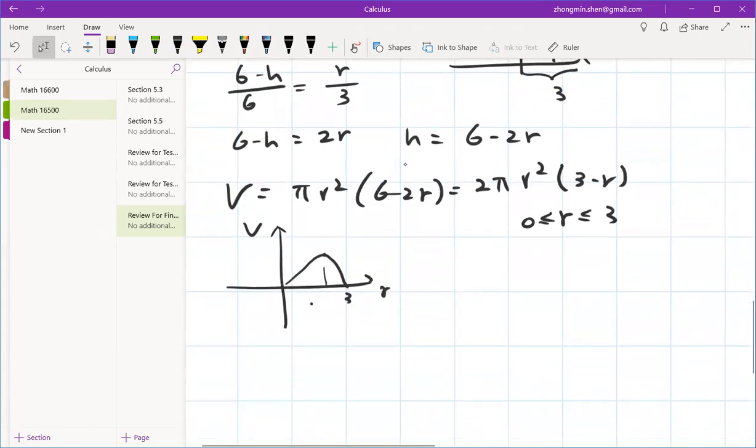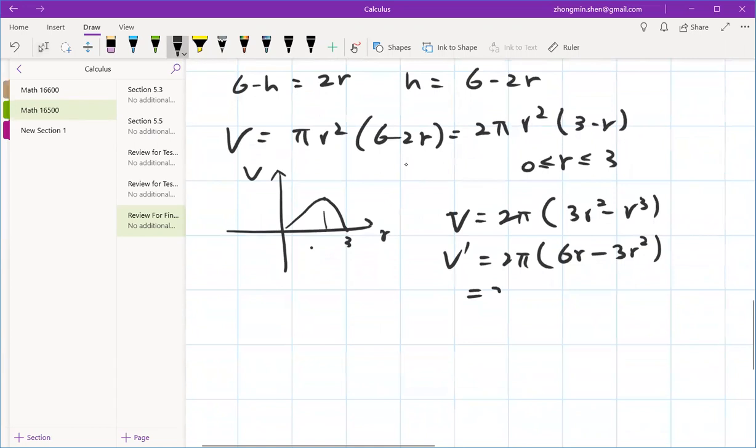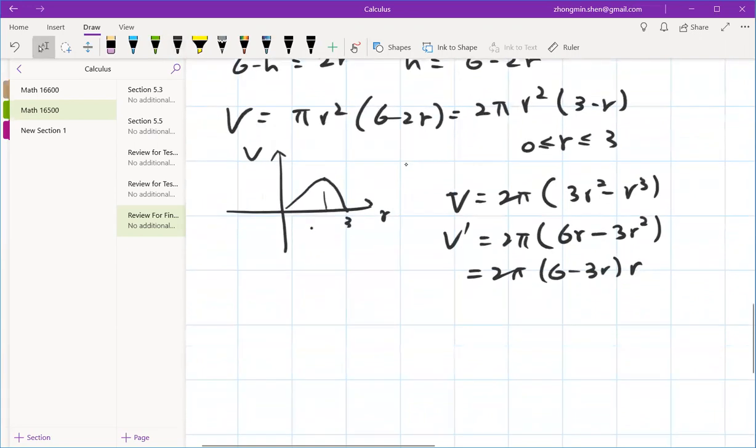So I have to find the derivative. Once you get the formula, you can do the rest of it. V equals 2 pi (3r squared minus r cubed). I'm going to find the derivative. It's 6r minus 3r squared. Set it equal to 0.